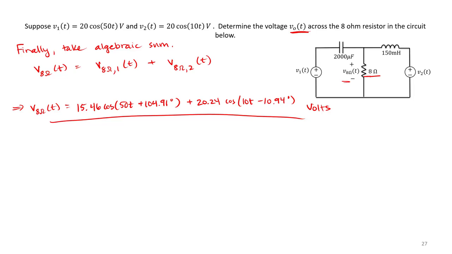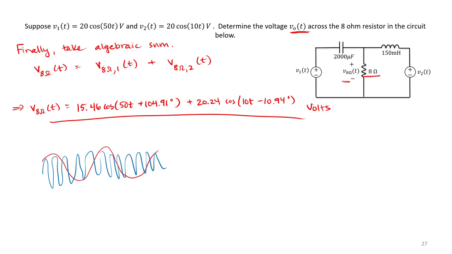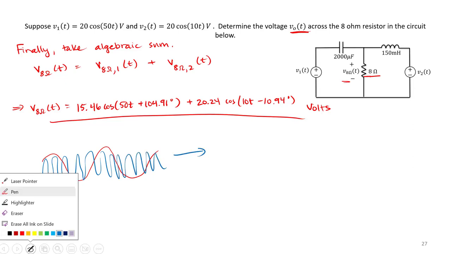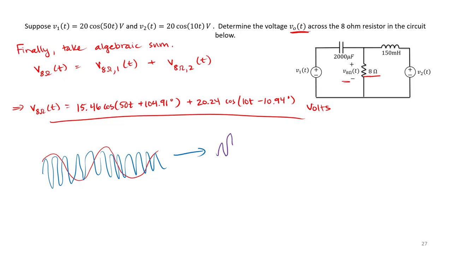This solution is actually very interesting because we end up with the two waves superimposed on each other, where one is higher than the other. We end up getting a result something like this, where the 8 ohm voltage as a function of time has the two sinusoids superimposed on each other in the final result.